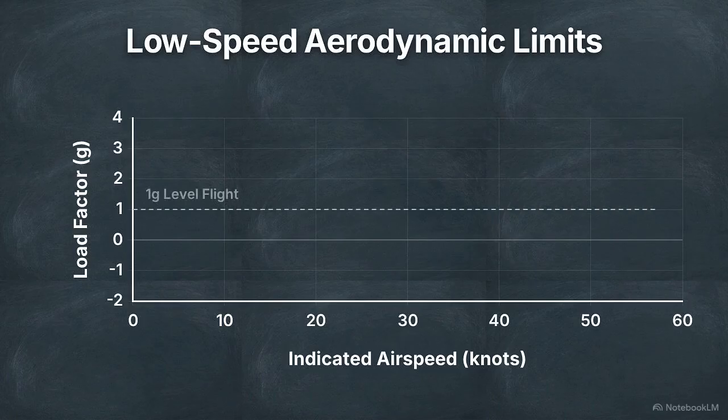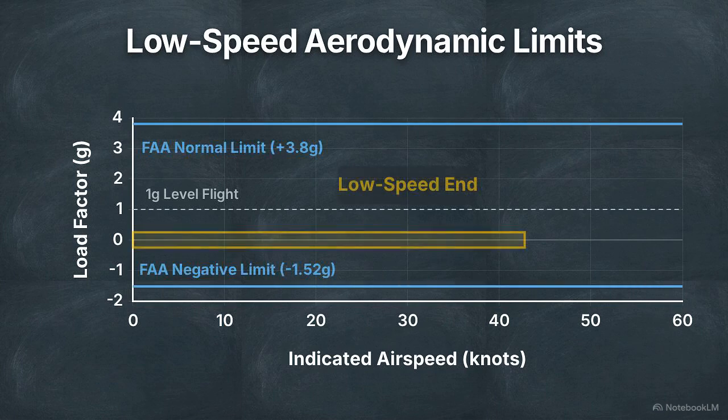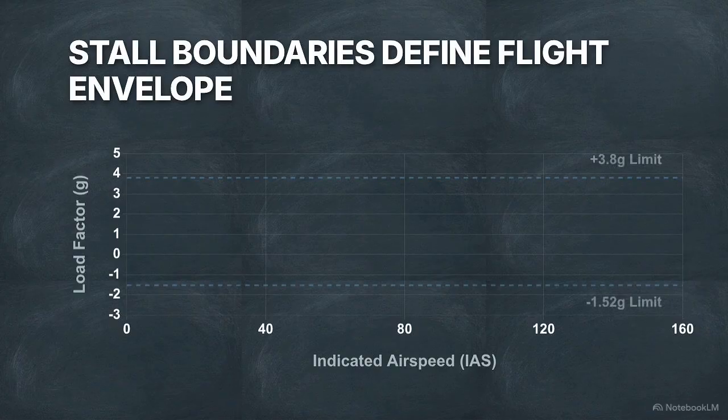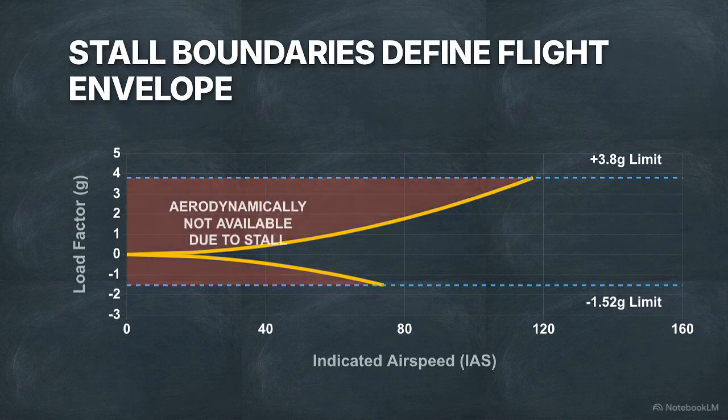To understand how velocity interacts with these strict limits, we turn to the low speed end of the indicated airspeed axis. At low velocities, an aircraft wing has a physical limitation in how much lift it can generate. This limitation appears on our diagram as a sweeping curve originating near zero and arching outward toward the structural limits. The region to the left of these curves represents an impossible state of flight, where the wing cannot produce enough lift.